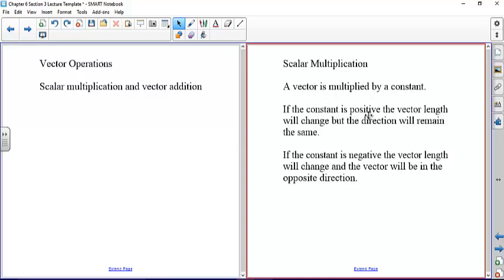If the constant is positive, then the vector length will change, but the direction will remain the same. If the constant is negative, then the vector length will also change, but the vector will change directions, by multiplying by a negative sign. That's essentially how you subtract vectors: you change a subtraction into adding the negative of a vector.